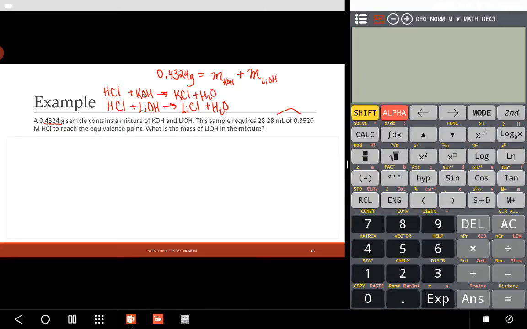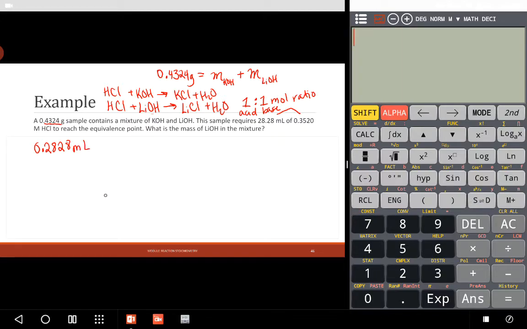Both of these are strong bases, and HCl is a strong acid. You'll notice that in both of these reactions, it's a 1-to-1 molar ratio between the acid and the base. And that means no matter which base the HCl is reacting with, it's a 1-to-1 molar ratio, so if we calculate our moles of base, we know that's the total moles of base.